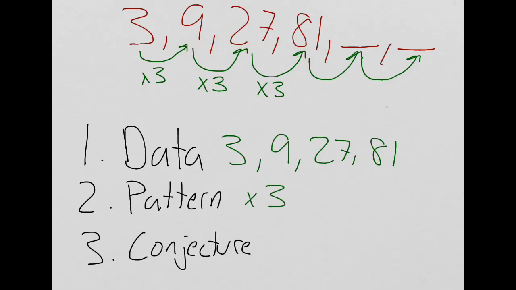So then I'll use that pattern that I found to go ahead and make a conjecture as to what my next two numbers will be. I'm assuming that I'm multiplying by 3 each time. So if I were to multiply by 3 each time, then 81 times 3 is going to give me 243.